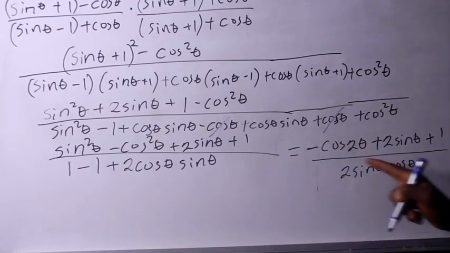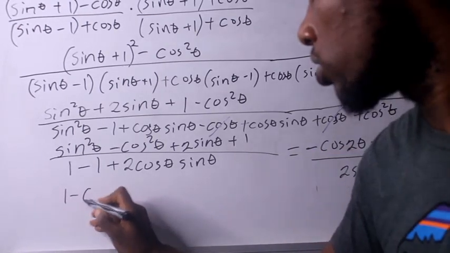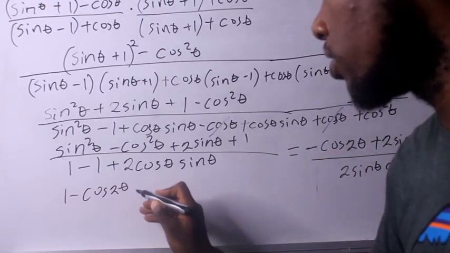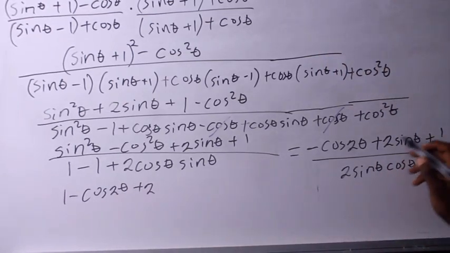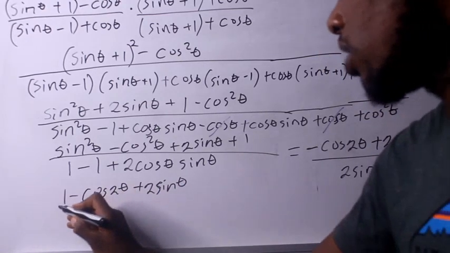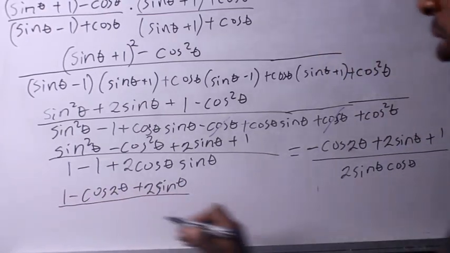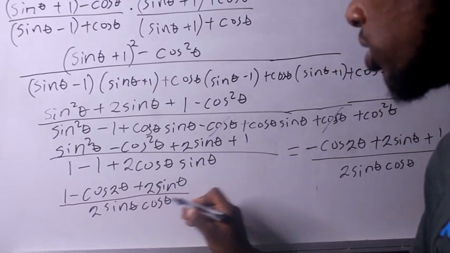So from there we can write minus cos theta plus 1 as 1 minus cos 2 theta plus 2 sin theta, all divided by 2 sin theta cos theta.